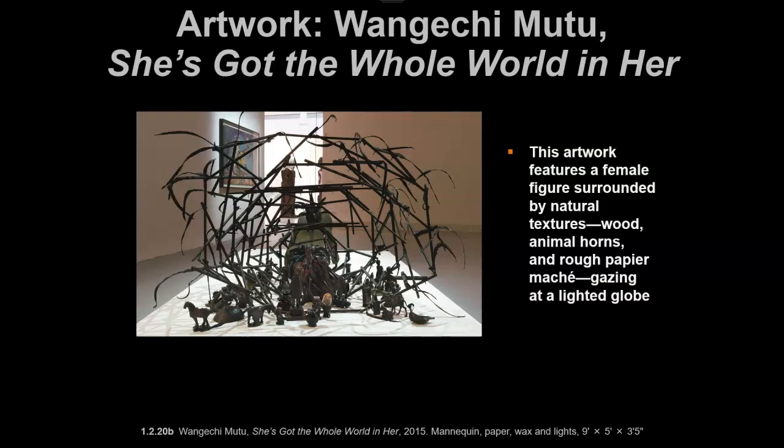You have all this wood, these animal horns, and everything's very rough. There's papier-mâché, and that feel and texture are going to play a role in the way you interpret the piece and how you feel about it. It gives you a certain feel, and it almost looks very dangerous, so you can talk about that texture and the feelings that come with it.